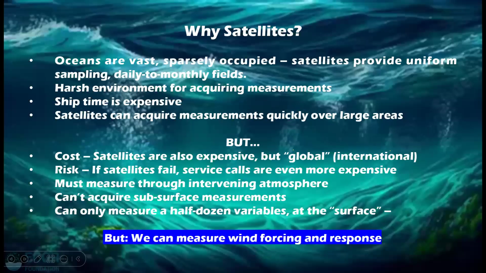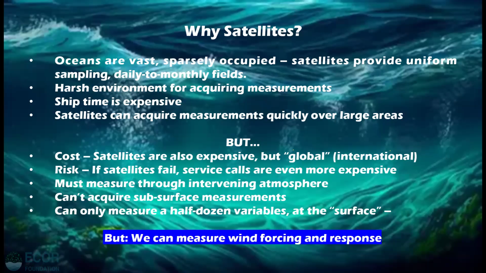So why satellites? Oceans are very vast. We all know that we couldn't equip that much manpower, that much energy, that many ships or cruises to go for in situ observation.